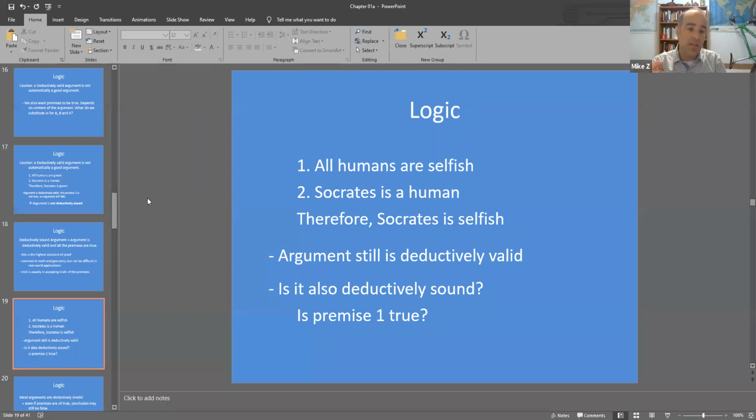In fact, we might even need to zero in on that term selfish. What exactly do we mean by selfish? We might need to establish that before we can determine whether that first premise is true or not. So in a regular philosophy class, most of the work is about whether the premises are true or not.